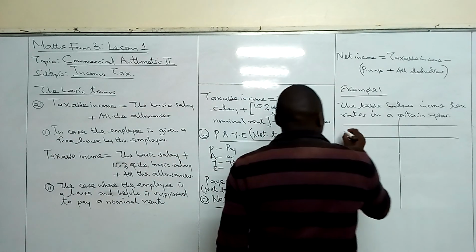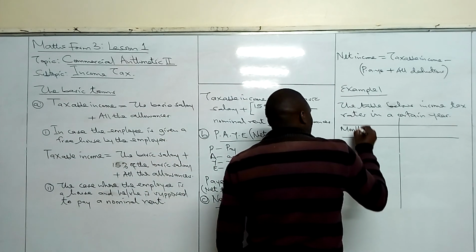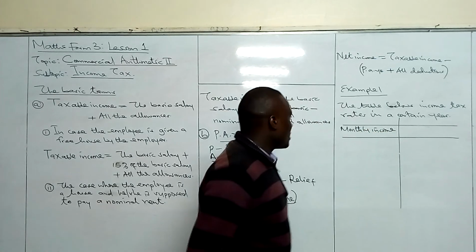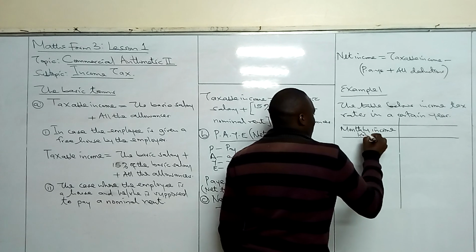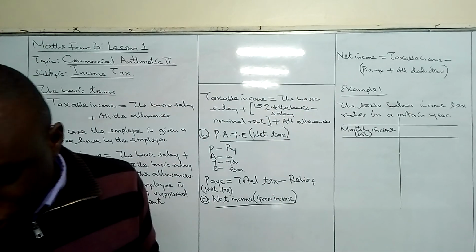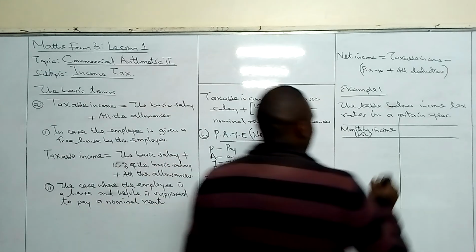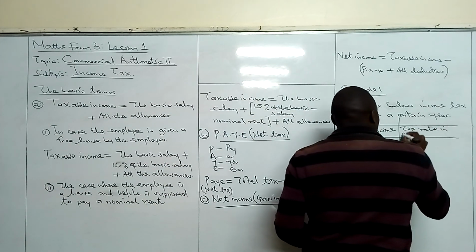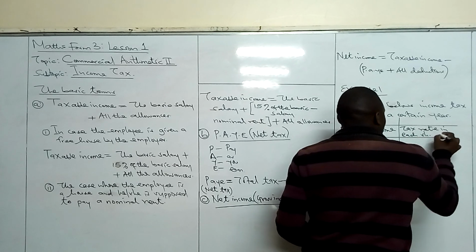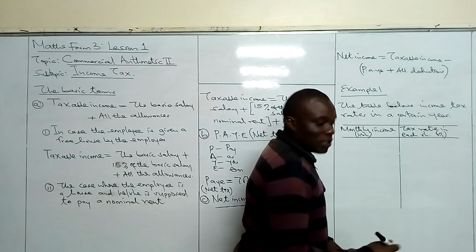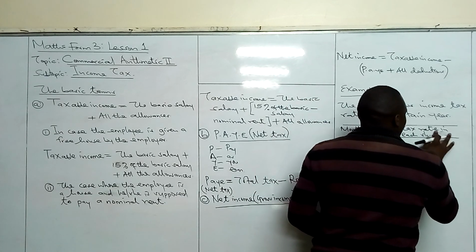Monthly income, which is given in Kenya shillings. The rate will be the tax rate in each shilling. So we are given in terms of percentage.